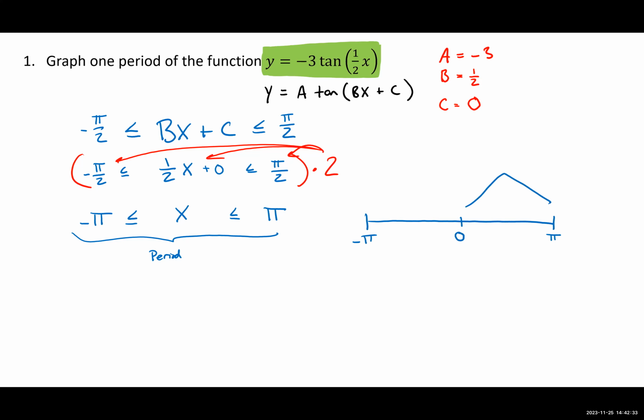And then cut this one in half. What's halfway between 0 and pi? Well, that's going to be pi over 2. And what's halfway between negative pi and 0? That's going to be negative pi over 2.